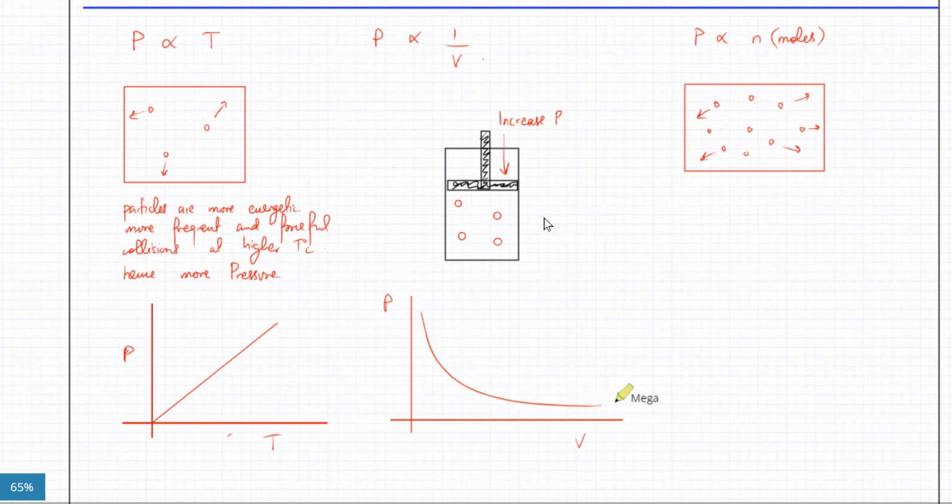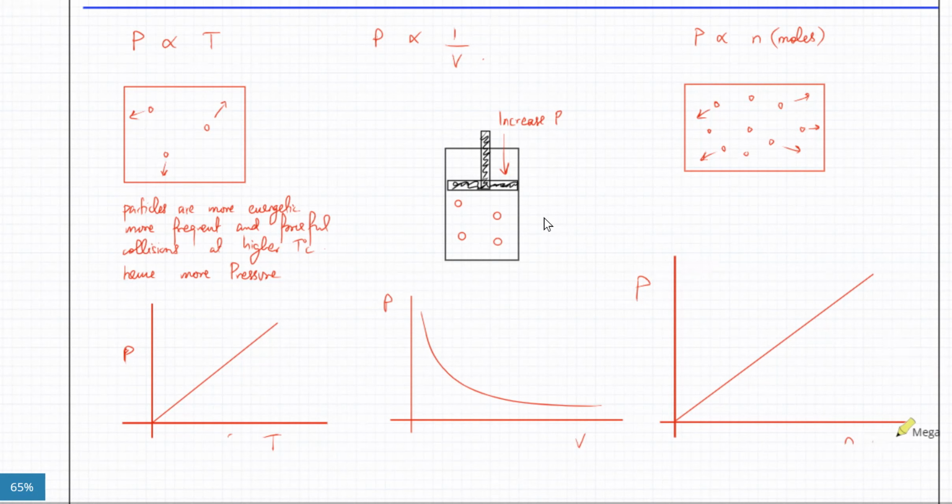It's going to look like this. This is an inverse relationship. And pressure is directly proportional to the number of moles. So that's also going to be a rising straight line. You have 0 moles, there's no pressure. So it's going to pass through the origin. So those are all your relationships.